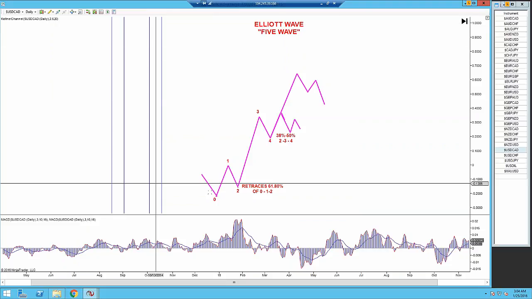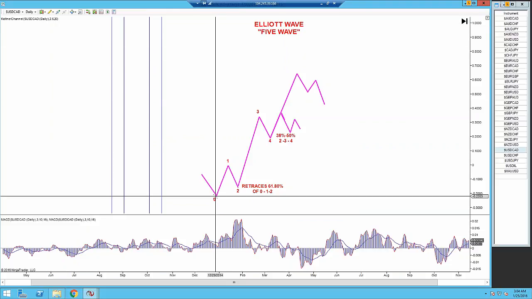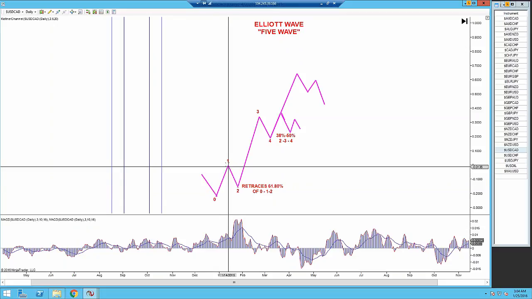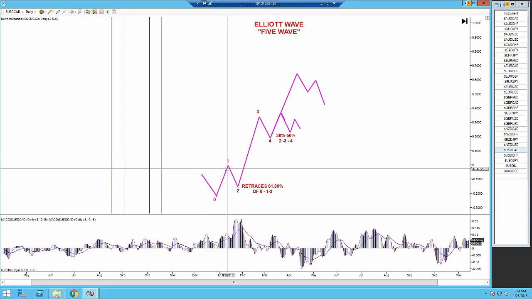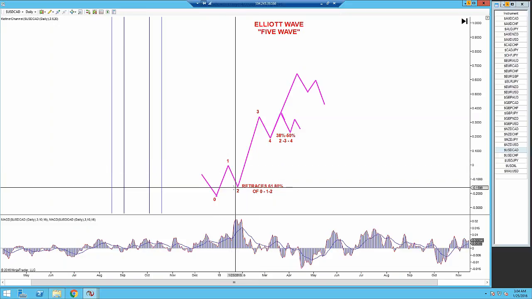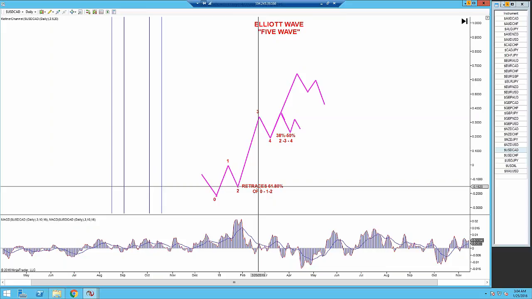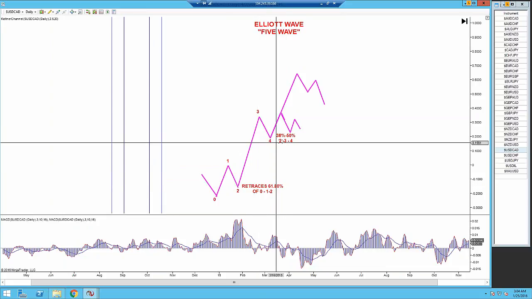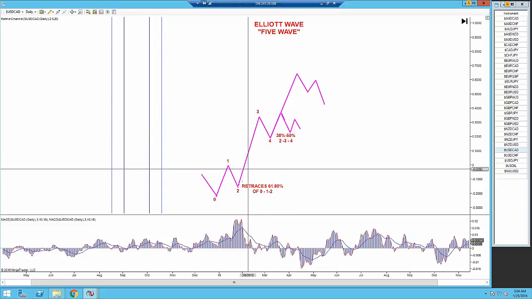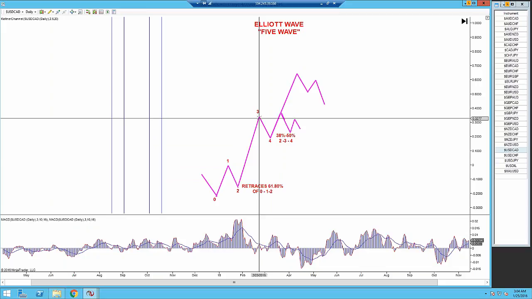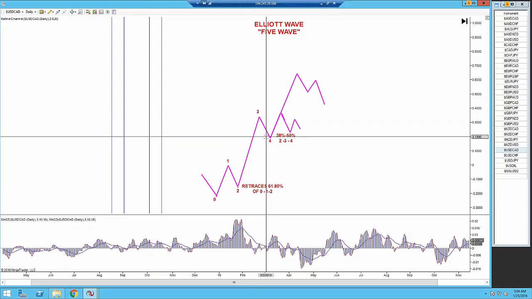So all I'm saying is, if this was 0 and this is 10, we can expect the market to go from 0 to 10, down 61%. So that means it could come down 6 points. That's what a 61% retracement is. This right here, 38 to 50%. If this was 0, for example, and that was 10, that means the market could come down around 4 to 5 points. All right?